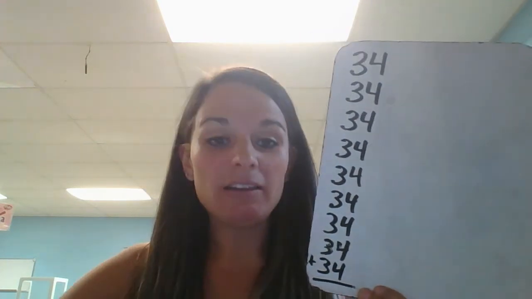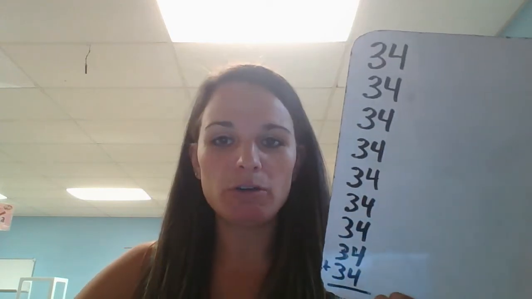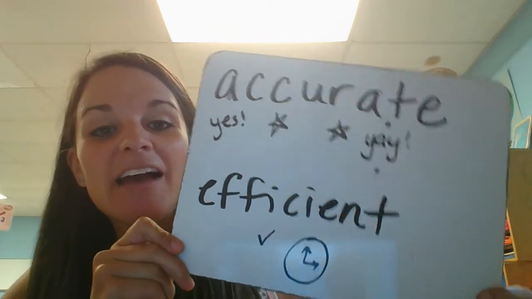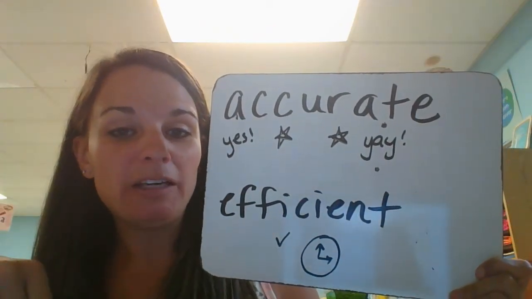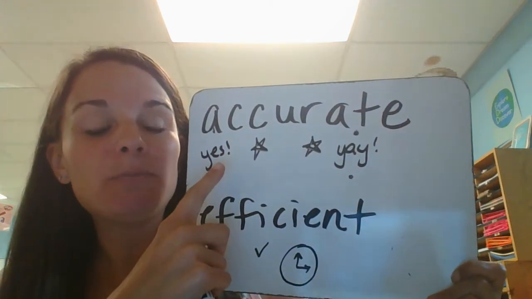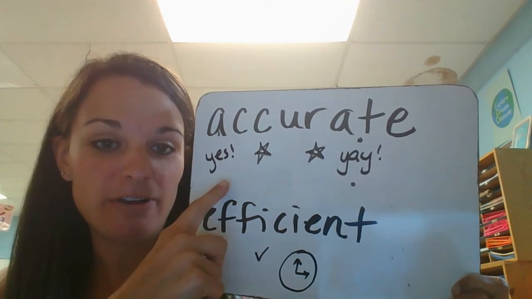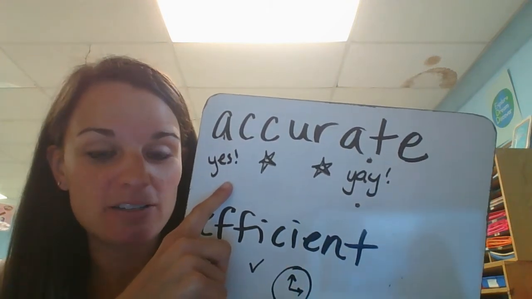We like to use the U.S. traditional strategy for two reasons, and I want to show you those reasons. These are two math words. Accurate is one word. We like to use U.S. traditional because accurate means we're probably going to get the right answer as long as we do the strategy correctly and use a multiplication chart if we don't know our multiplication facts.